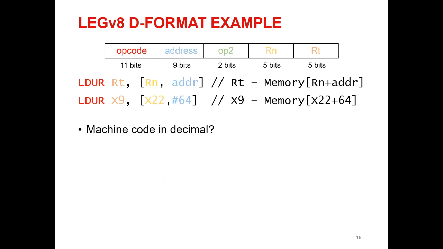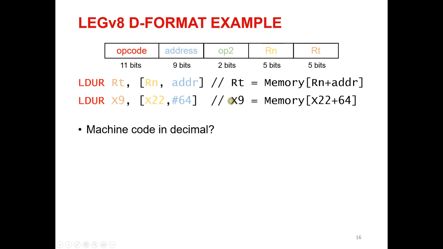So let's see an example. Here we have the format for the D instructions. The opcode will be, in this case, a load instruction. The address will be here, the register for the base address will be here, and then the destination for the load will be here.